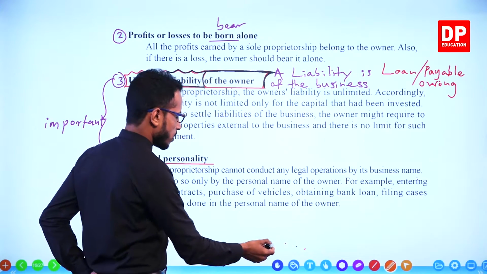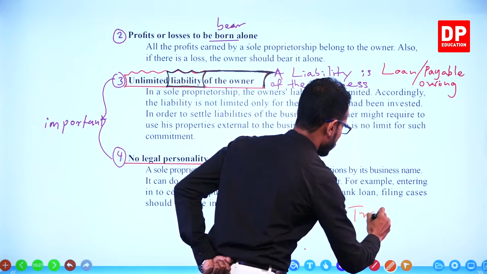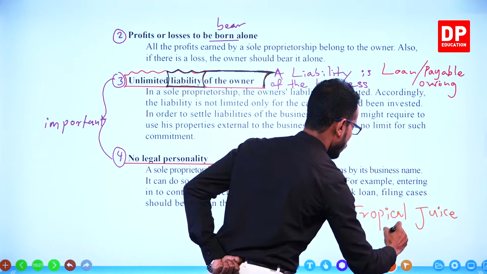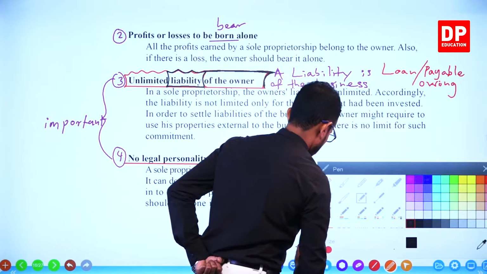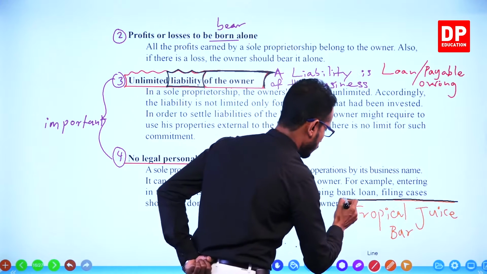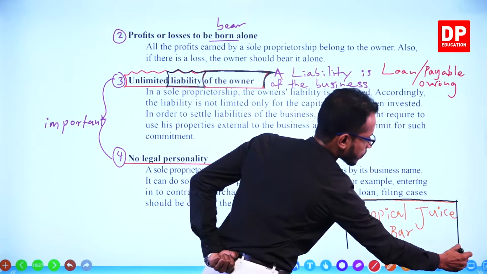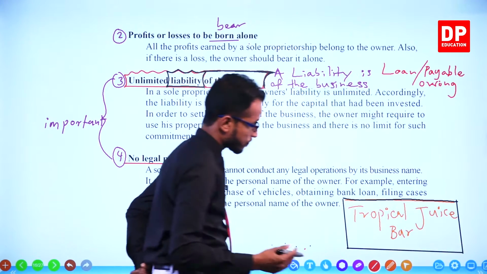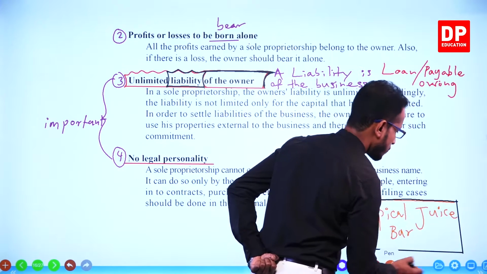Just for an example, let's say you put the name as Tropical Juice Bar. This is your name board. There you go. Tropical Juice Bar. That is your name board.